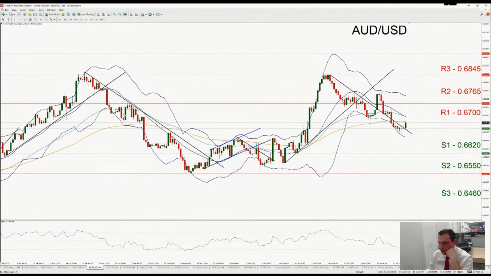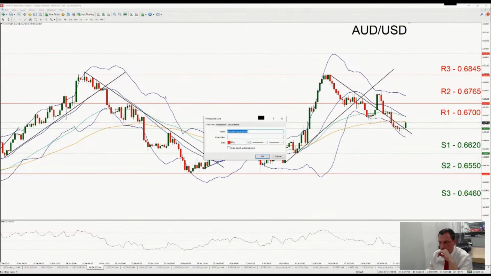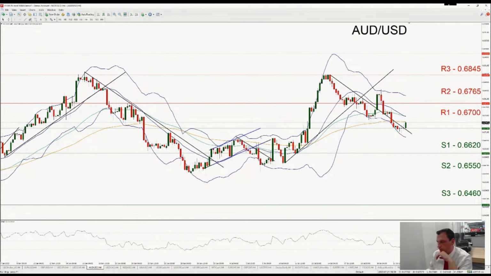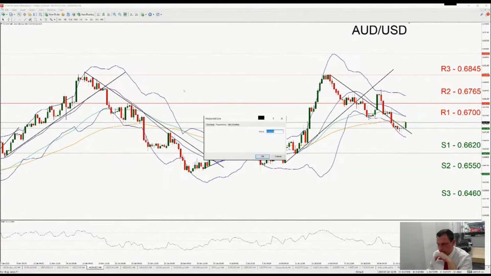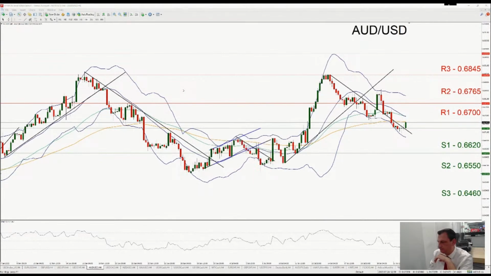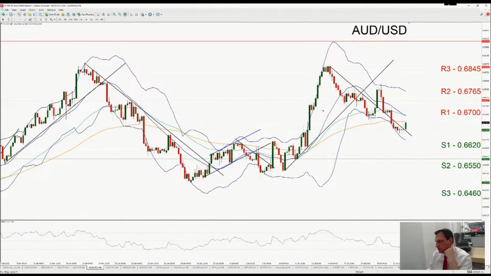Next possible support line or ultimate support line is being placed here, which is the low point of our chart as well. That will be in green. 0.6595. Let's widen the chart a little bit.